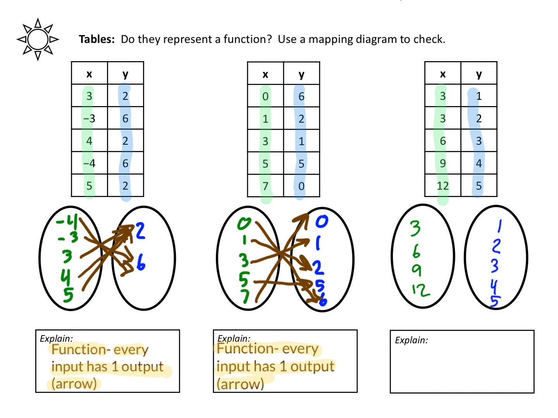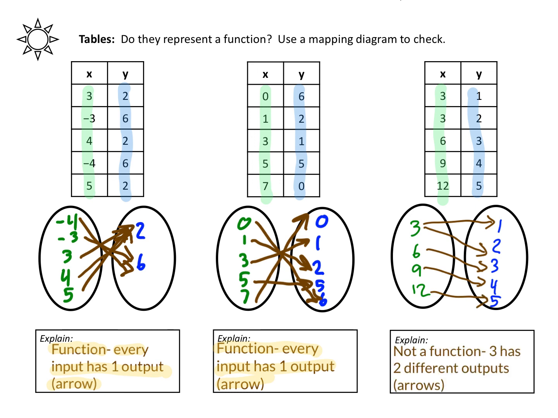If we draw our arrows connecting our inputs to our outputs, we get 3 to 1, 3 to 2, 6 to 3, 9 to 4, and 12 to 5. In this case, you can see here that 3 actually has 2 outputs, or arrows going from it, making this not a function.